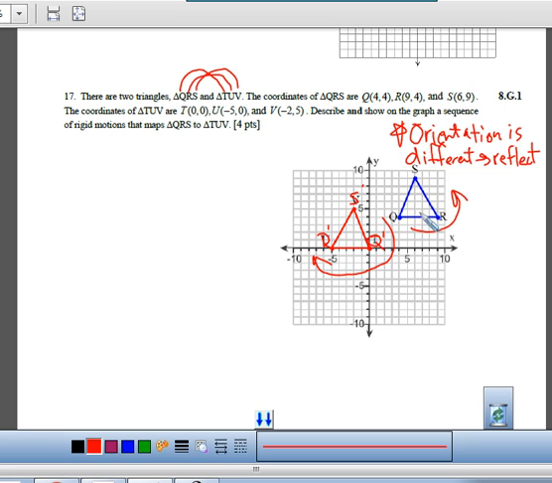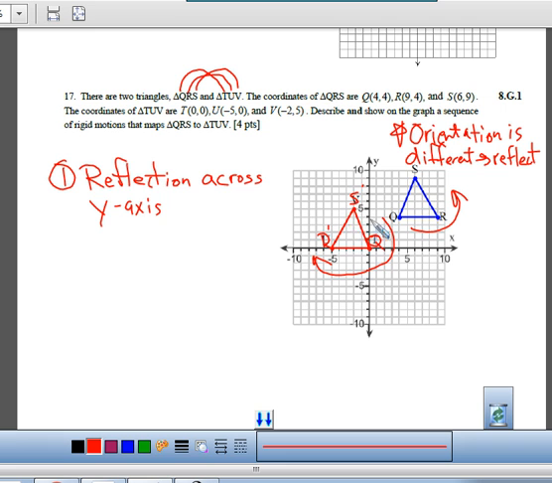I think what makes sense is if I reflect over the x-axis, my picture is going to be upside down. So I'm going to reflect over the y. So the first step, reflection across y-axis. Now, I did have many students who did this correctly that actually wrote all the points, and that's fine.